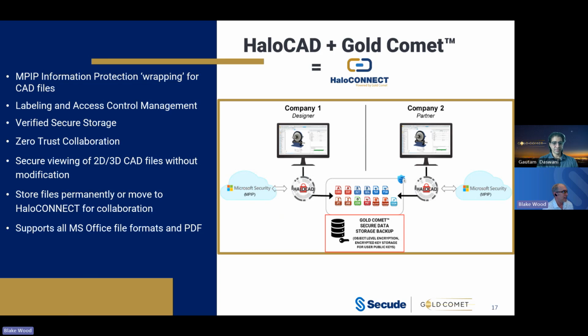And this is going to be used in conjunction with a very secure storage environment. So, Gautam, why don't you tell us about the storage environment and how we're going to collaborate on this stuff?